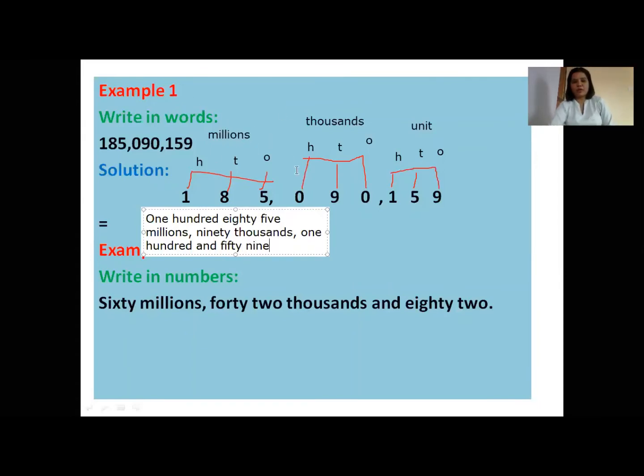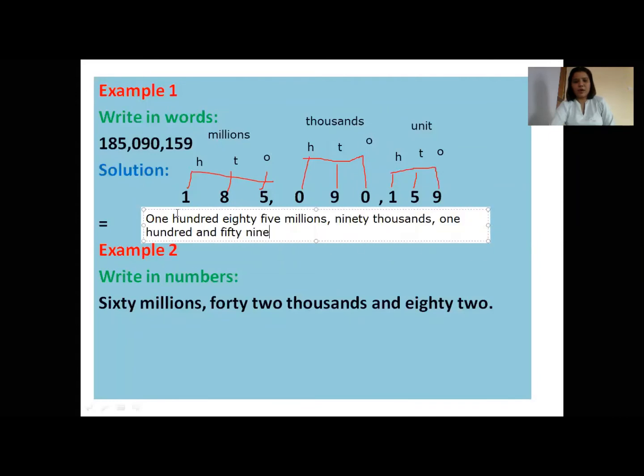So we have written the number in words as 185 millions, 90 thousands, 159.